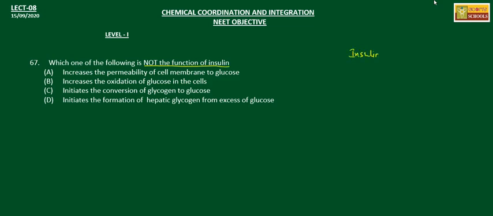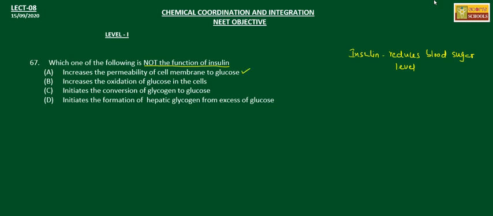Insulin reduces blood sugar level. So how does it reduce blood sugar levels? It does it in different ways. The first option: increases the permeability of the cell membrane to glucose.